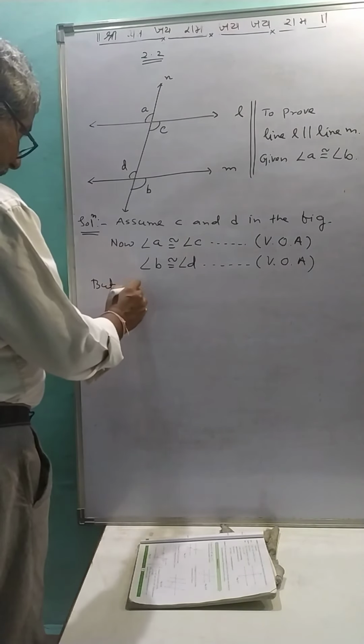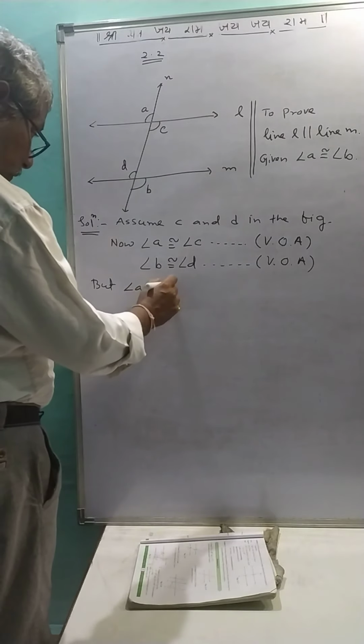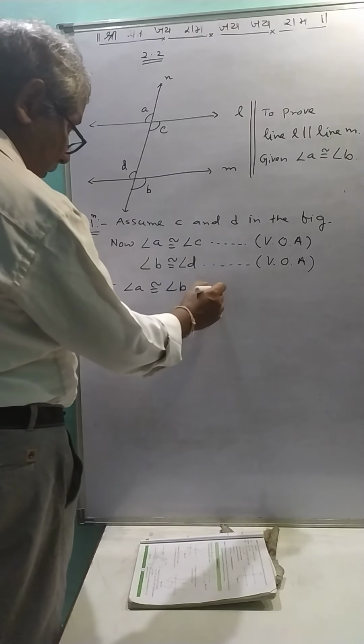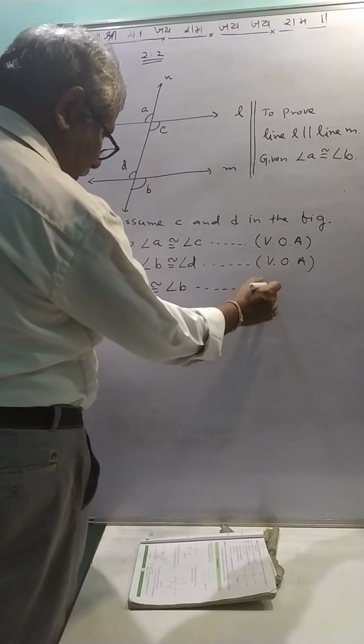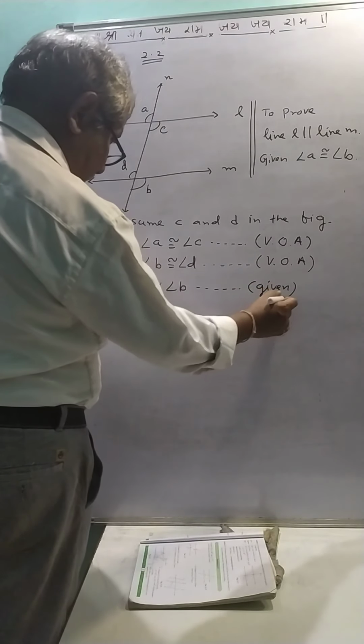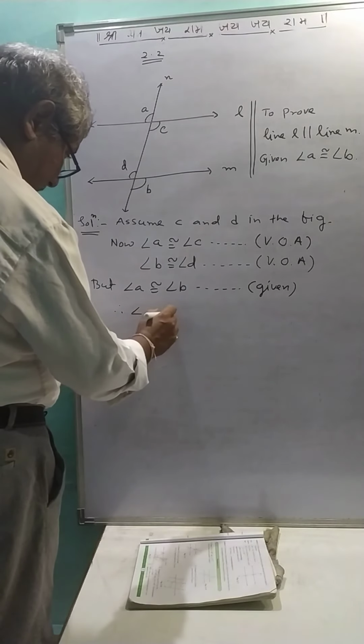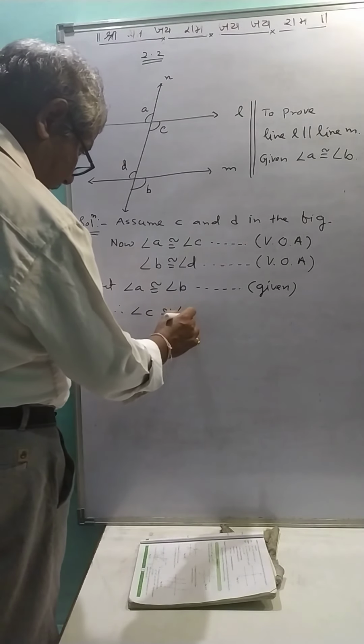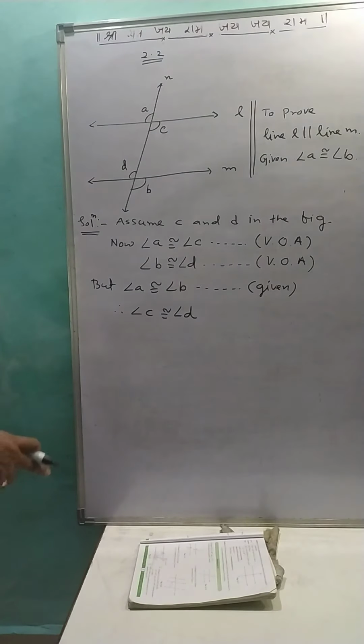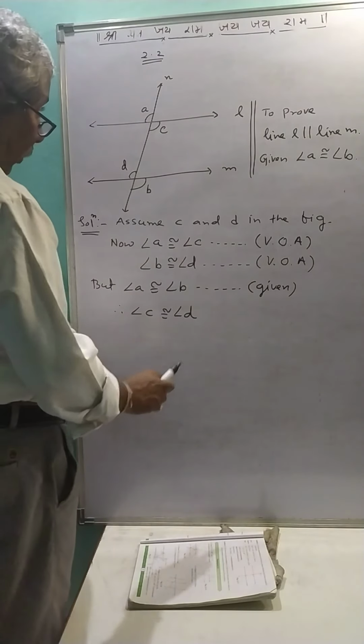But angle A is congruent to angle B. This is the given. Therefore, angle C is congruent to angle D.